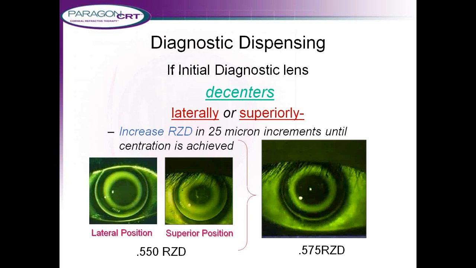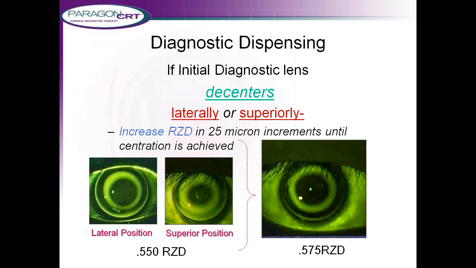Once the initial lens is on the eye, evaluate the centering of the lens on the cornea. If the lens decenters laterally or superiorly, that means that the overall sag is insufficient, and we need to increase the return zone depth one step or 25 micron increments until the centration is achieved.